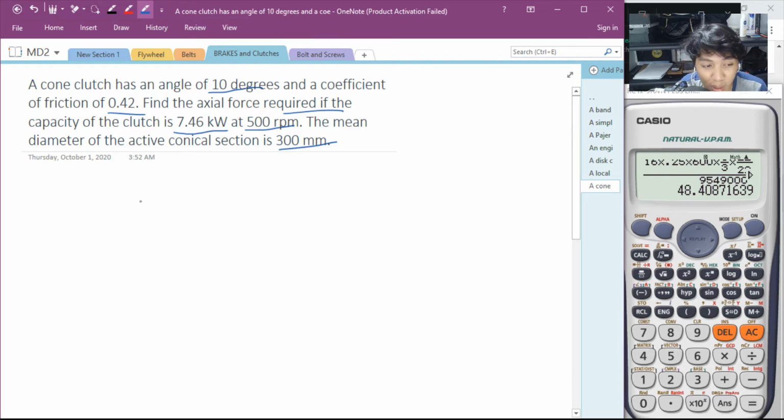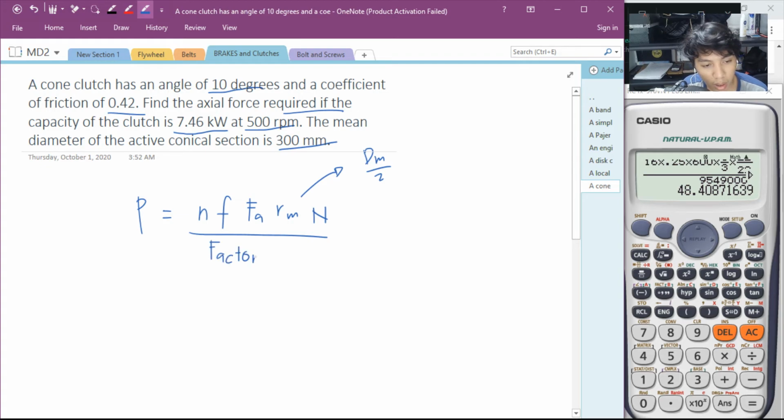So, ito na yung formula for cone clutch. Wala namang new or wear-worn clutch na cone. So, direct sub, N, F, FA, RM. Kailangan binigay sa'yo dito is diameter. Diba dm over 2 yan? Multiply to N. Divided by, hindi na po factor ha, times sine angle nung cone. So, hinahanap natin si FA.